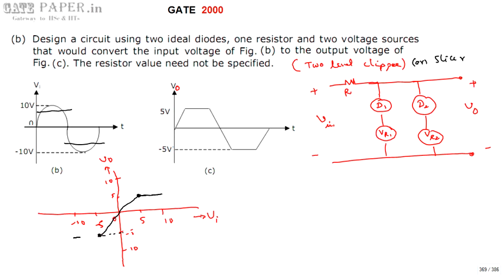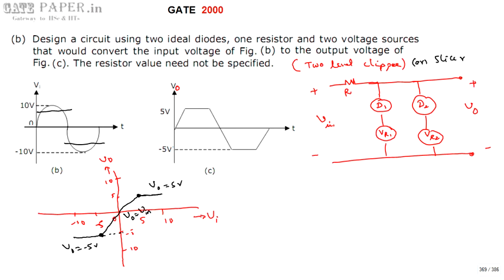So even though the input voltage changes between minus 5 to minus 10, the output voltage is constant. So this is the transfer characteristics. We can say V0 is equal to 5 volts and V0 is equal to minus 5 volts. During this portion V0 is equal to V input.